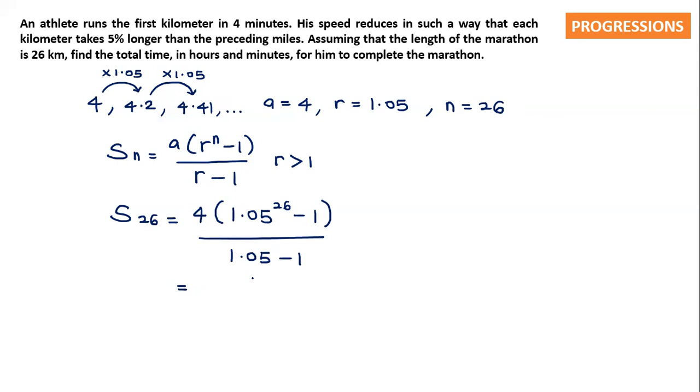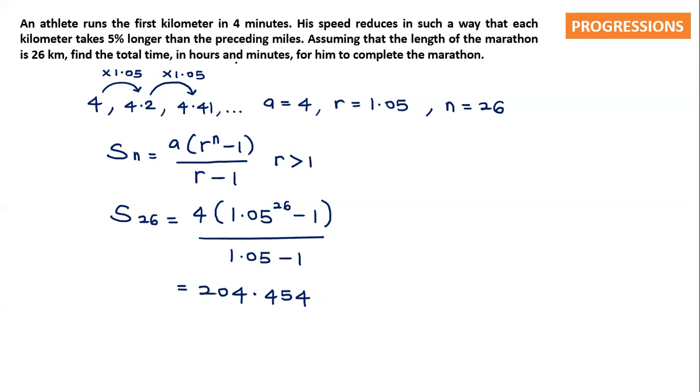So I used the calculator. My answer given by my calculator is 204.454 minutes. Actually, this is in minutes because we are dealing with minutes now. But the question asks in hours and minutes.